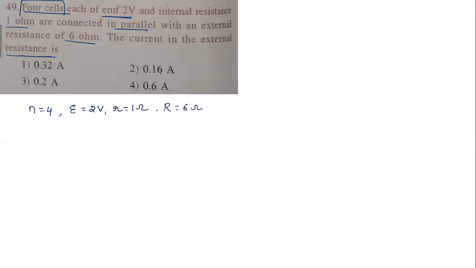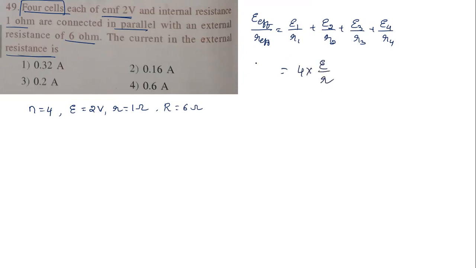So I'm going to use this equation: E effective divided by r effective equals E1/r1 plus E2/r2 plus E3/r3 plus E4/r4, and all are identical, right? So can I say now 4 times E/r?